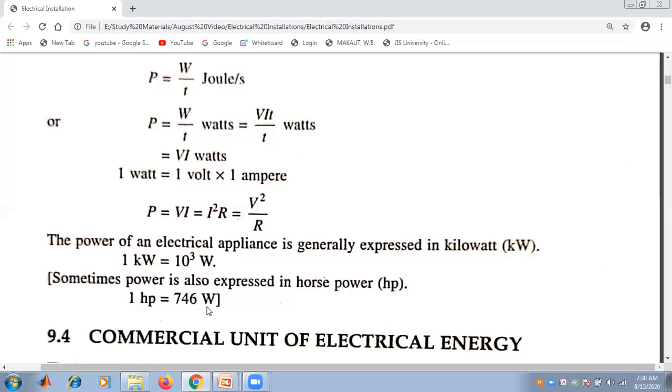So it is another unit of power, another form in which power can be expressed.